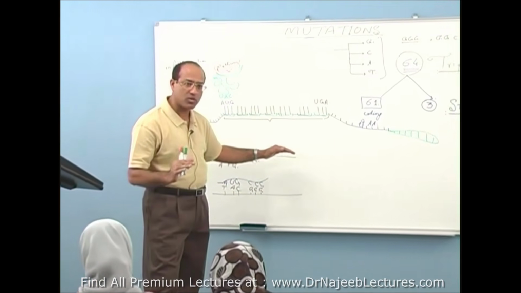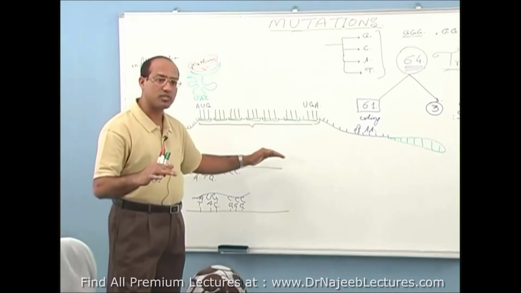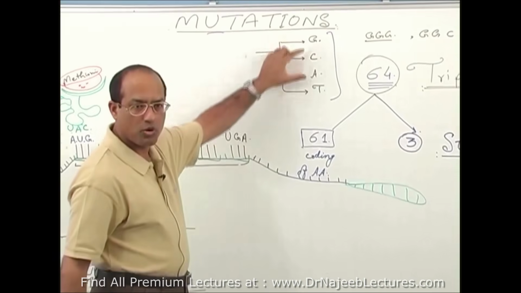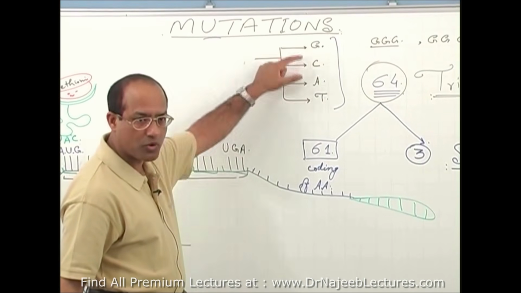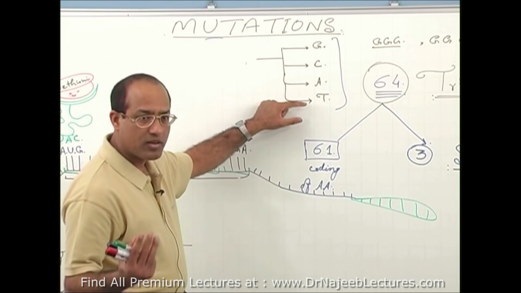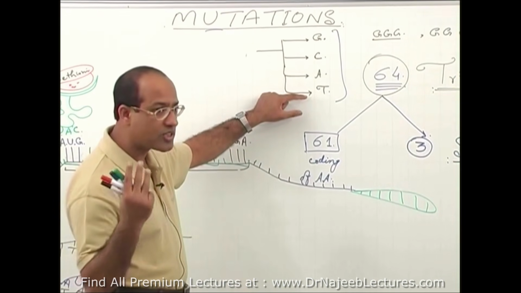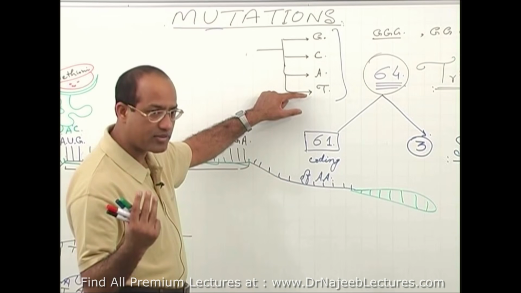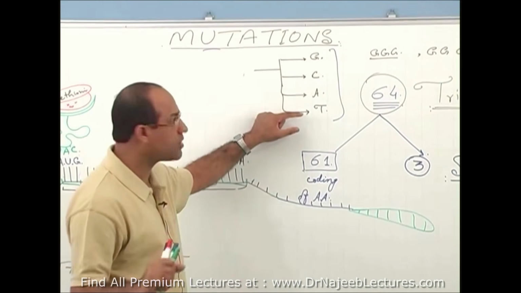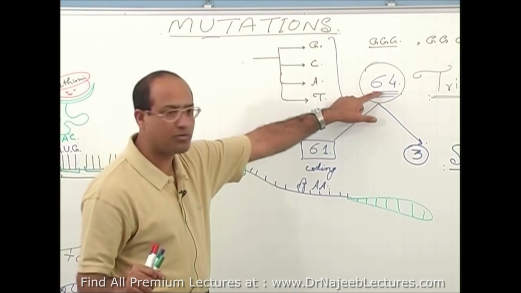Then we were talking about how this genetic code goes. We were saying that basically we have how many bases? 4 bases, and out of these 4 types of nucleotides, every triplet should be having 3 nucleotides. If every triplet has 3 nucleotides, how many total triplets you can make out of these? 64.